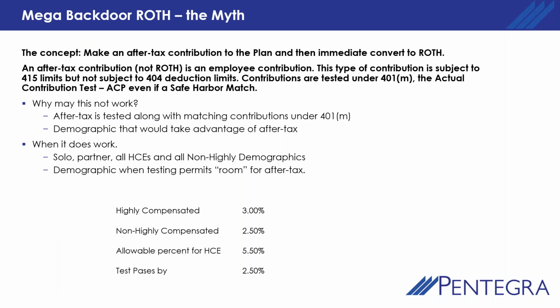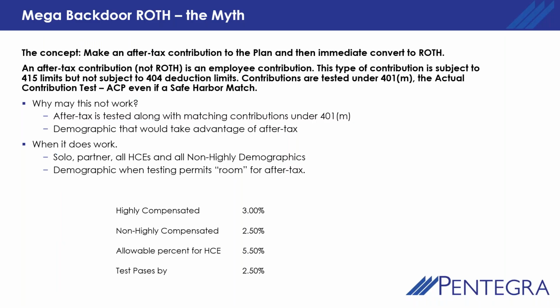So here I kind of provided an example where if you ran the ACP test and your highly compensated had an average of 3% and your nons have an average of 2.5, then that's going to provide an allowable limit, and actually that's in this print, it would be an allowable amount of 4.5.